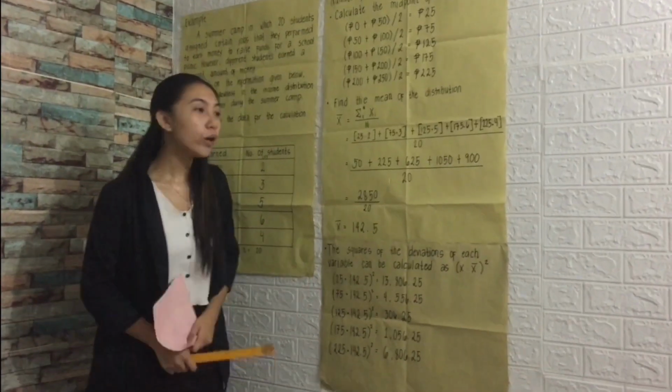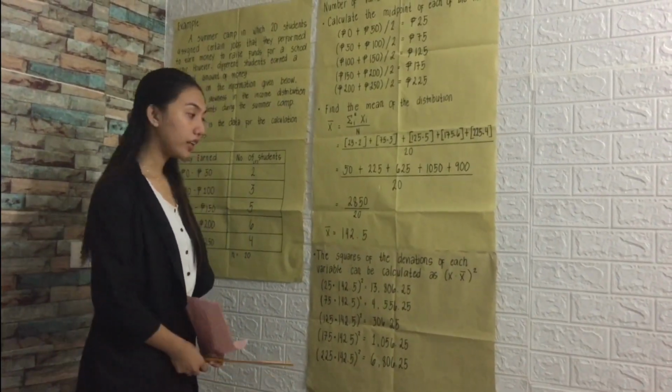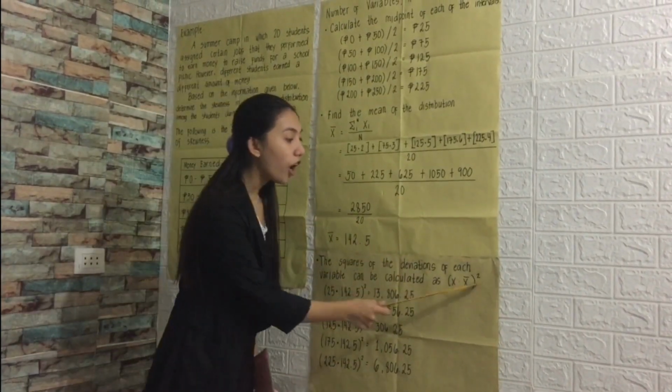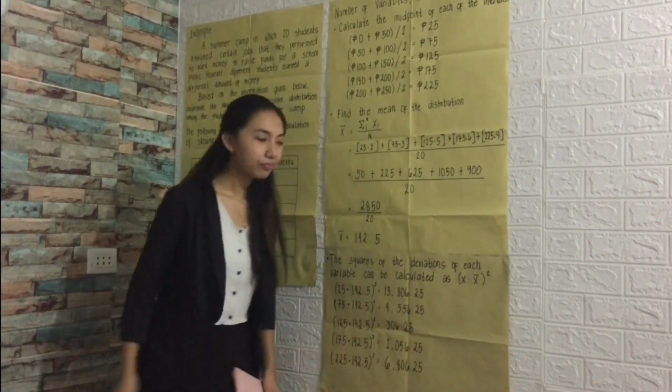And now, we will find the squares of the deviations of each of the variables, which can be calculated as the square of the result of midpoint minus mean.